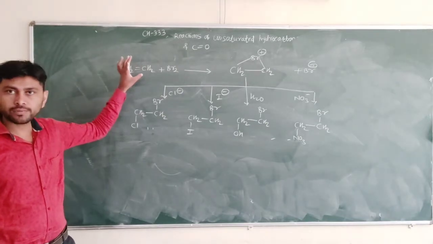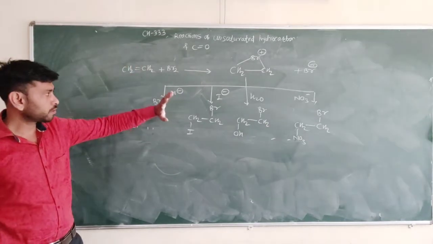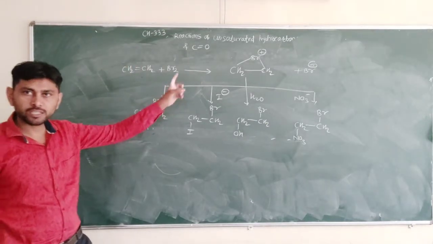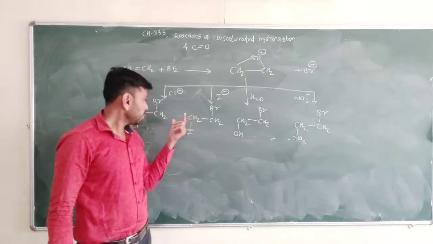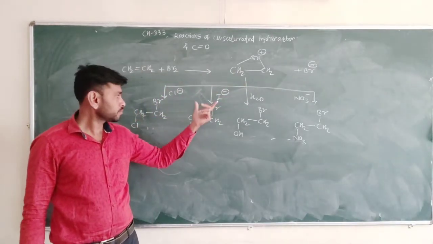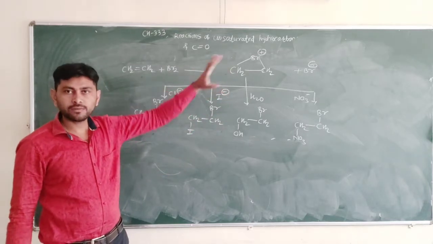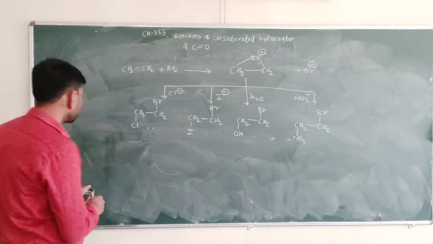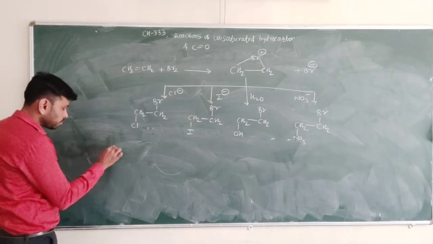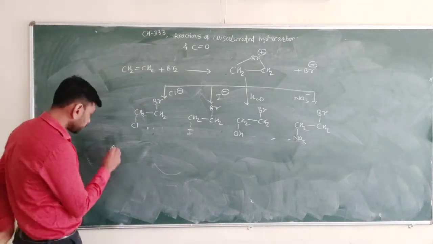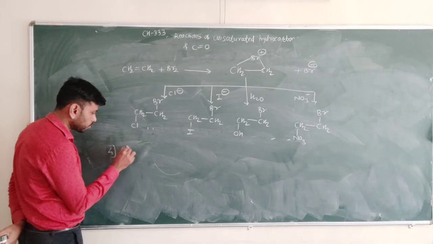So this is the effect of the nucleophile. If another nucleophile is present, then the halonium ion reacts with that nucleophile and we get a different product, instead of the vicinal dihalide. And the last evidence, the fourth evidence, is the stereochemistry.